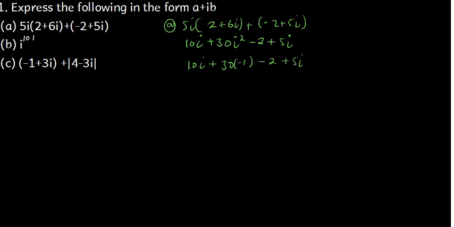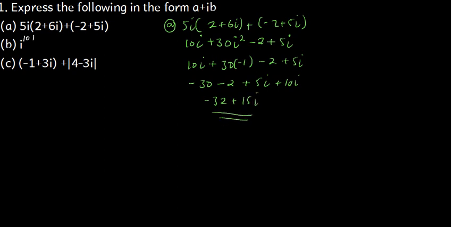So 30 times negative 1 is a negative 30. And we bring together with a negative 2. And then we have got a positive 5i, and then a positive 10i. So this is going to give us negative 32 plus 15i.